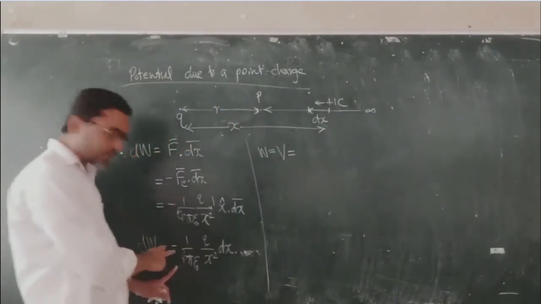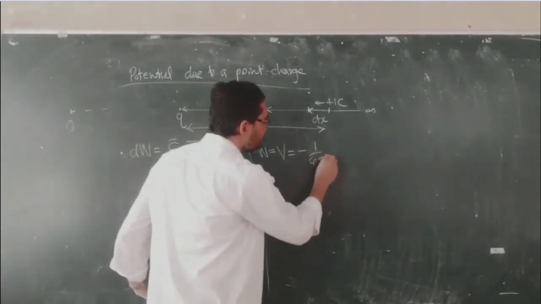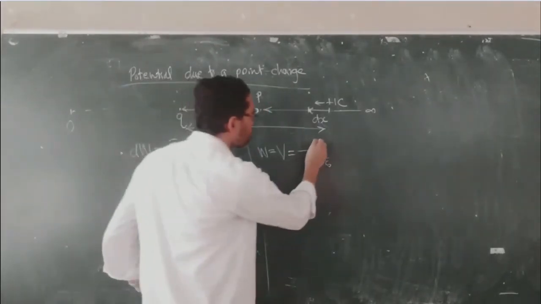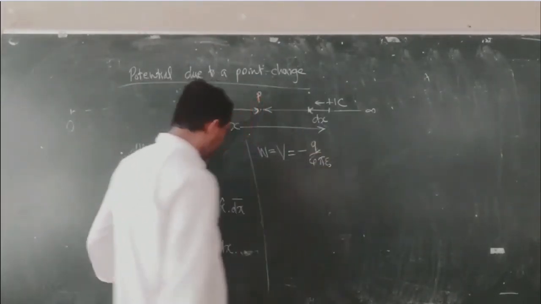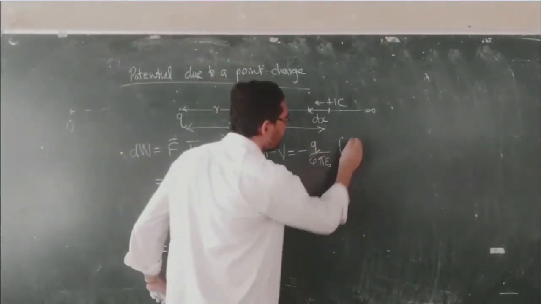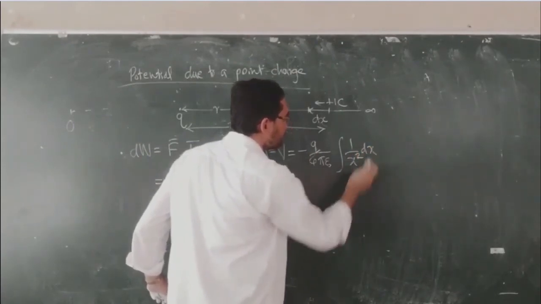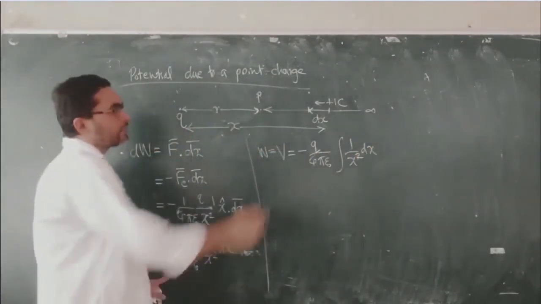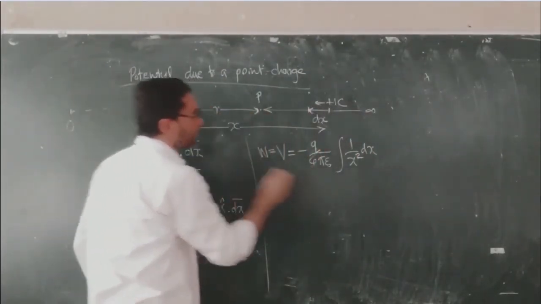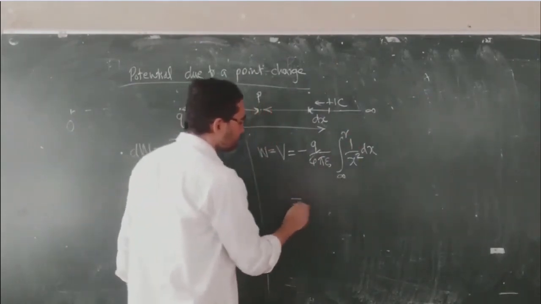Taking the constants outside, minus q by 4 pi epsilon 0 integral 1 by x square dx, from infinity to the distance r.